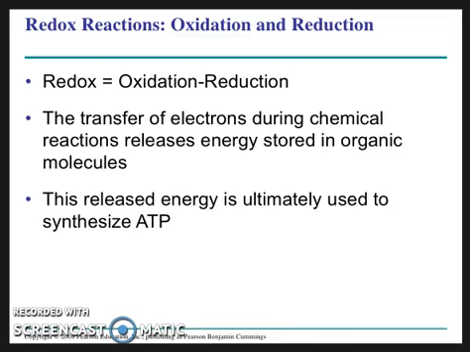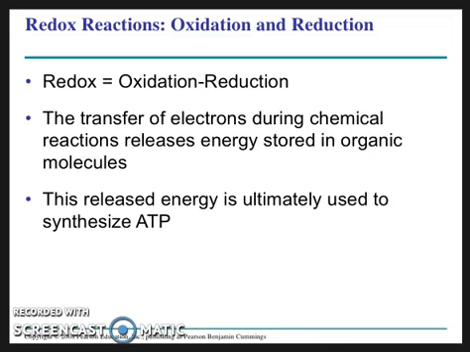Okay. All right, so we need to grab something here, because a lot of this, including the electron transport chain that we're going to talk about later, hinges on something called redox, or oxidation reduction reactions. So redox, which is reduction oxidation reactions. What we're talking about here is a transfer of electrons.